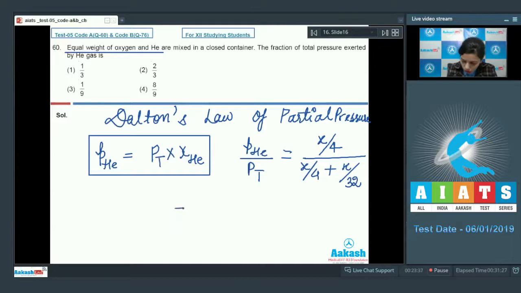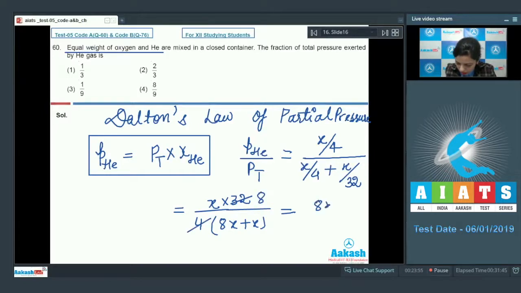This one. Now let's solve this. This would become X by 4, and this would be 32 here, and 8X plus X, and this would become 8X upon 9X, or simply 8 by 9.